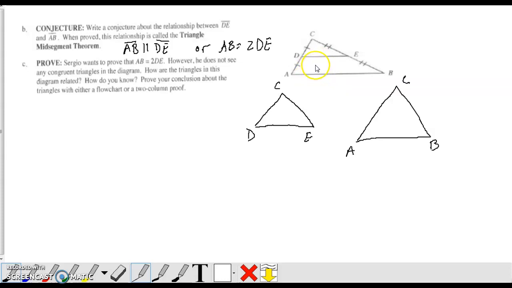We don't actually know this side right here, so we only know one angle in common. We know that C is in common with both of them.